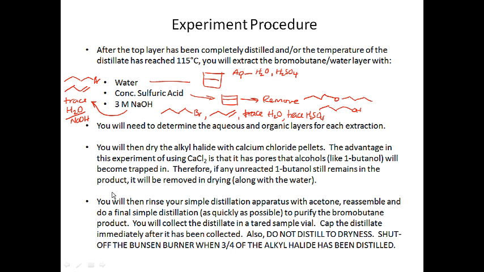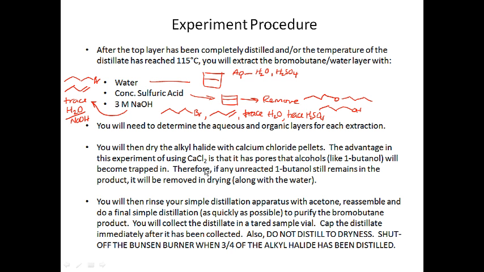So then, after drying the solution, and for calcium chloride pellets, they're pellets, so they don't clump or not clump. What you're going to do is add the appropriate amount that it says from the procedure, and after you swirl the calcium chloride pellets, if your solution is clear, then you know you've added enough.